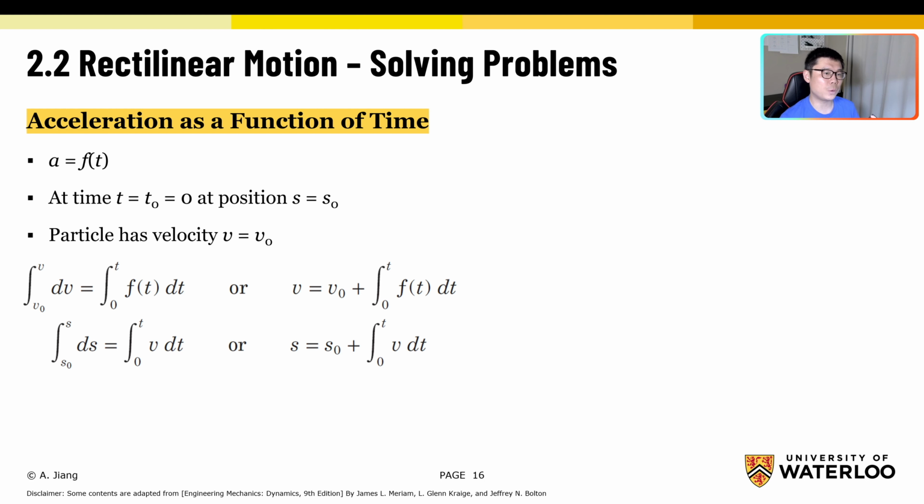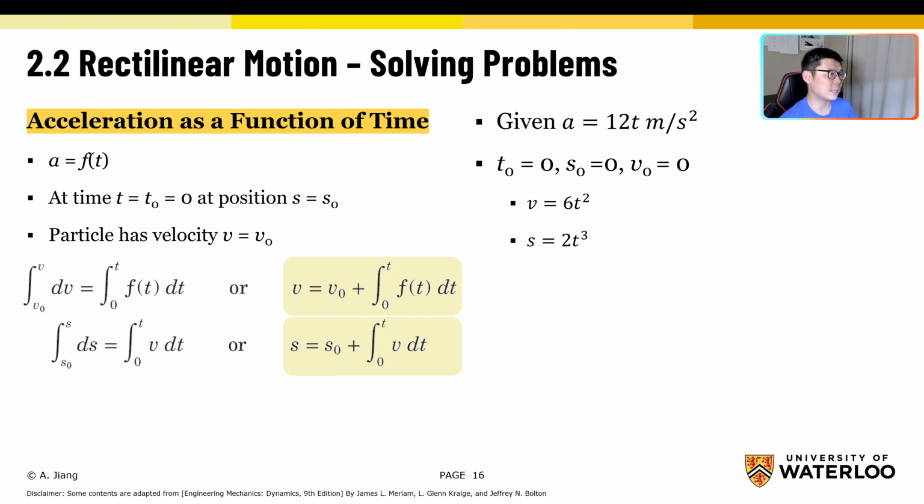Then, if we are given the acceleration as a function of time, we will simply modify the original relationship again, but not get rid of the integral anymore since we have a function of time. So given known boundary conditions, we would be able to calculate v and s.